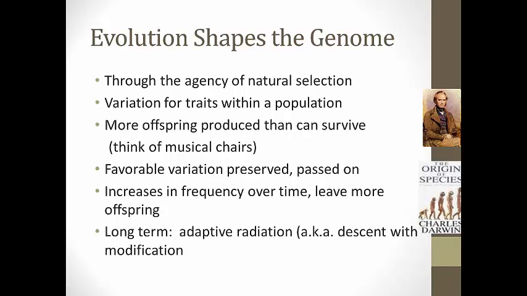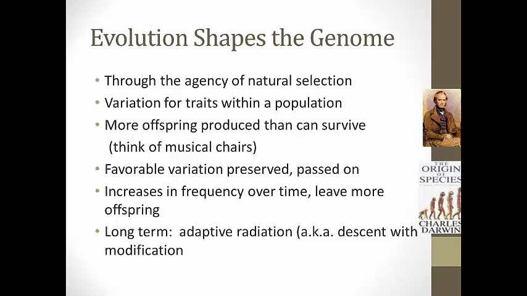And as this winnowing process guided by natural selection plays out over time, the frequency of genes, particularly for those that are favored, will change over time, because as the organisms with favorable variation are preserved, the gene frequencies for those traits will increase in the population over time because they leave more offspring in their wake.